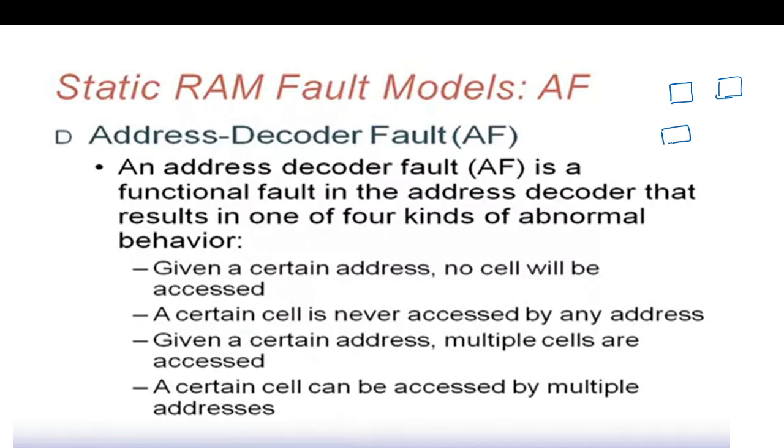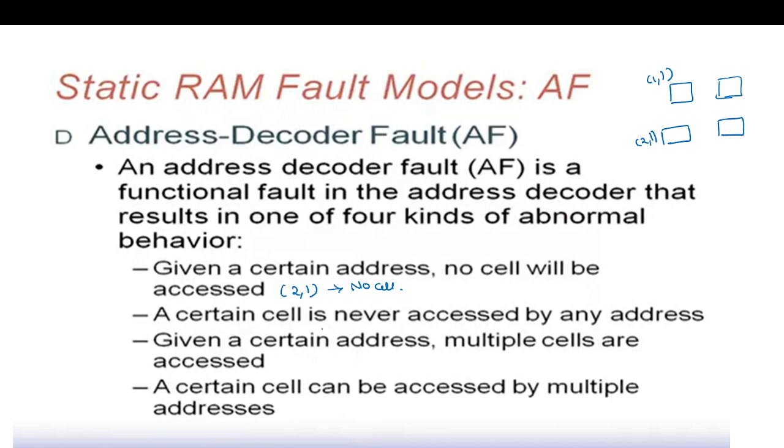For now, let's consider 2 cross 2. Given a cell address, no cell is accessed. Say now I am giving 2 comma 1 as the address, and this is 1 comma 1. No cell is accessed. So we have this AF fault.